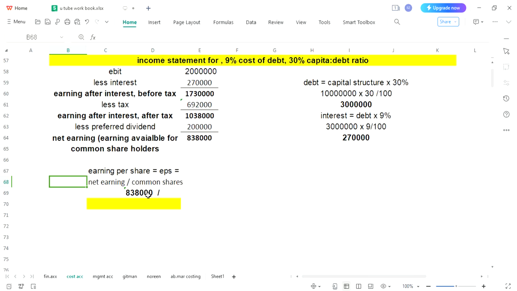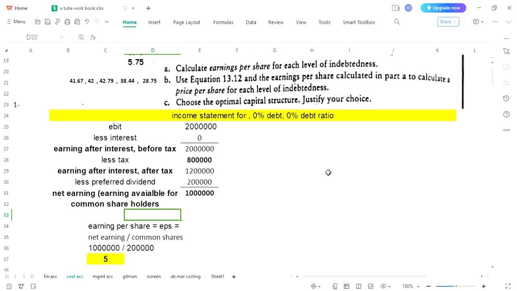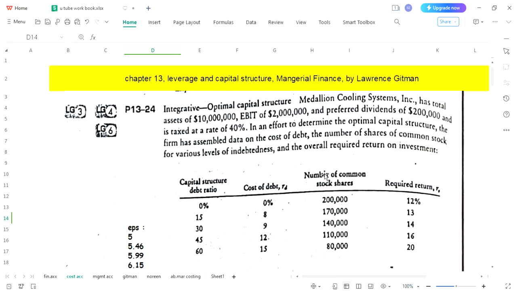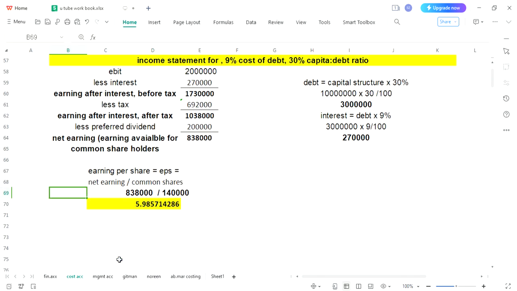So here you will be putting 1,40,000 as your common shares. Now we can put it on our calculator: 8,38,000 divided by 140,000. Okay guys, we have our answer, 5.99, or 5.98 can be called. Okay, we have 5.99, our next answer.